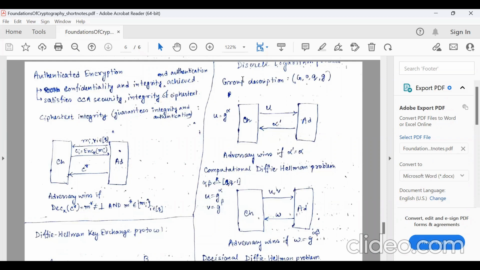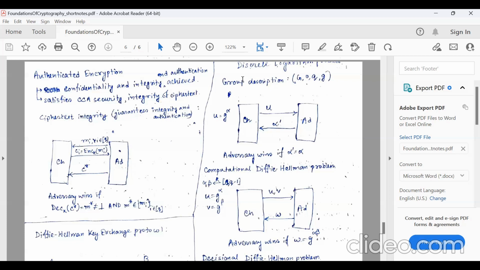In the public key paradigm, as you know, there is the concept of two keys, public key and private key or secret key. We talk about several number theoretic assumptions here to build our constructions upon. We had seen the discrete logarithm problem, where you have a publicly available group description.